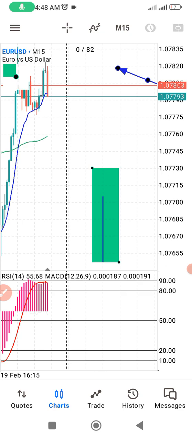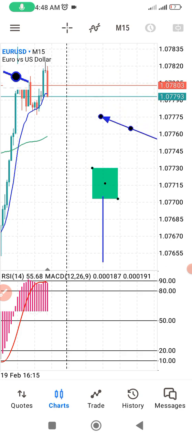Then buyers came back, pushed the market, and they kept on pushing the market back until the price closes at this point. And that is what resulted in this wick. What this simply means is that it's showing us the strength of the buyer in the market.